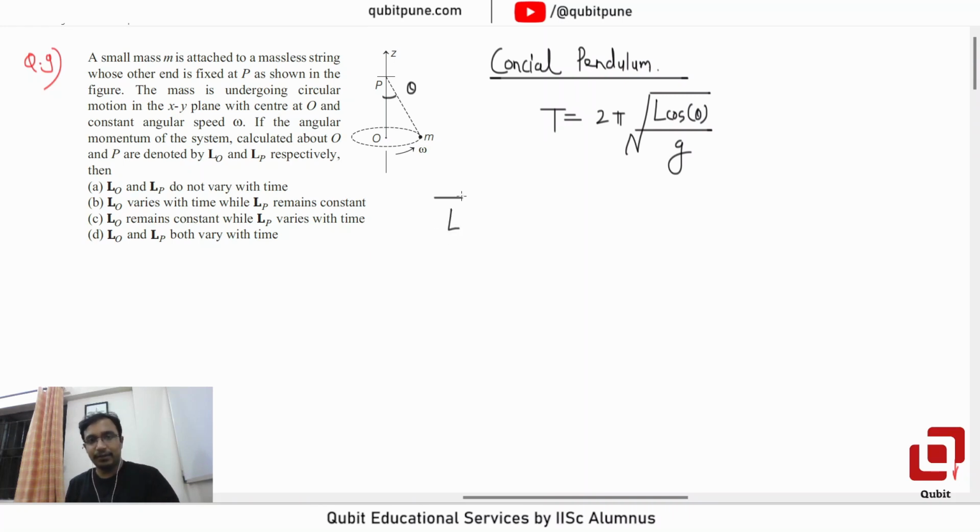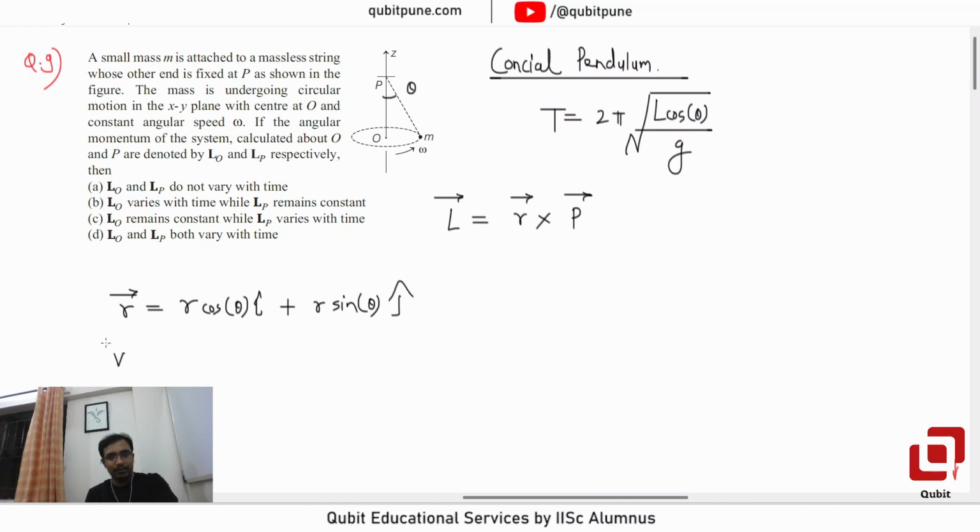Recall the definition. What is the definition of angular momentum? It is R bar cross P bar. Do you agree to this? That's the definition. Now suppose R bar is R, let's call the radius a smaller r, R cos theta i cap plus R sin theta j cap.